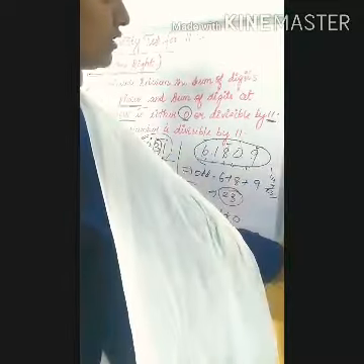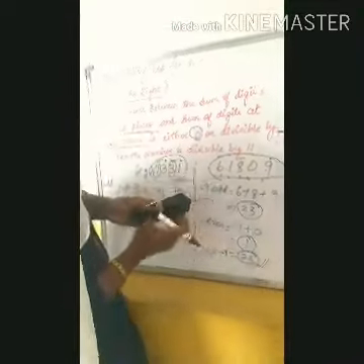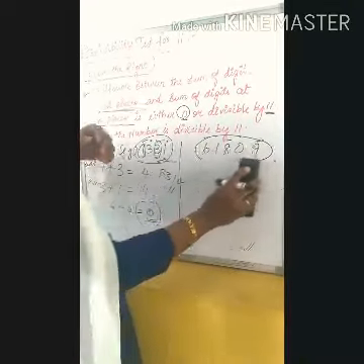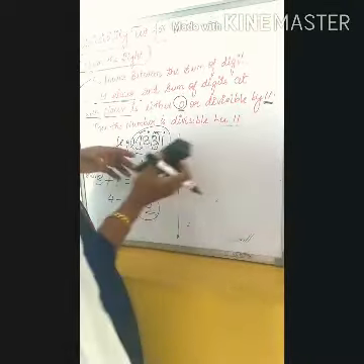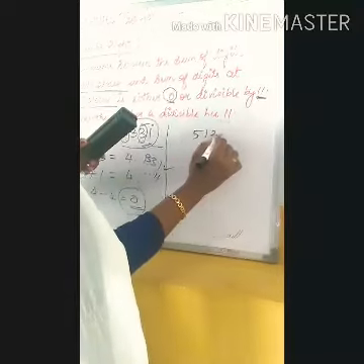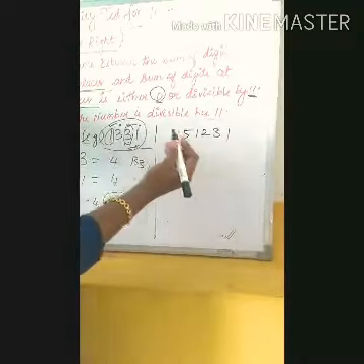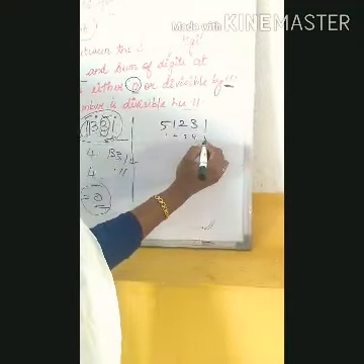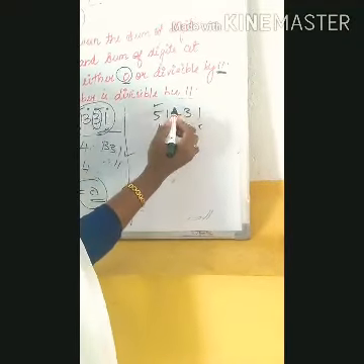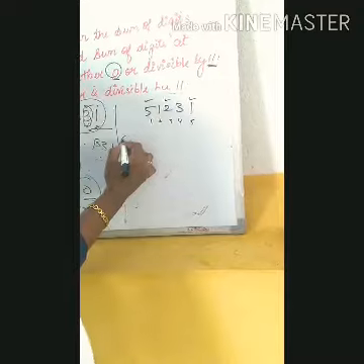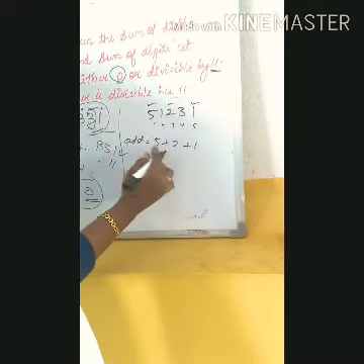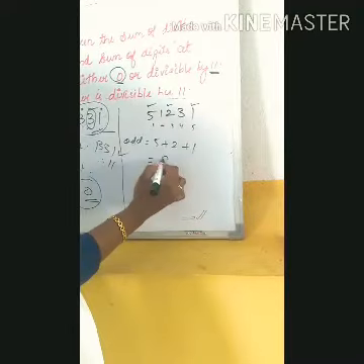Suppose you are having 51231. What are the digits here? 1, 2, 3, 4, 5 digits. Odd places are 1, 3 and 5. So the sum of odd places: 5 plus 2 plus 1 is 8.